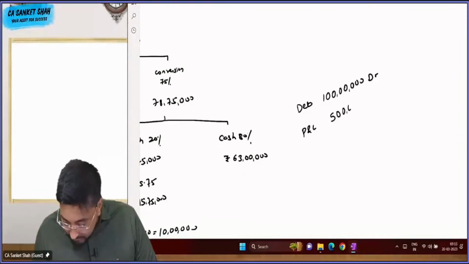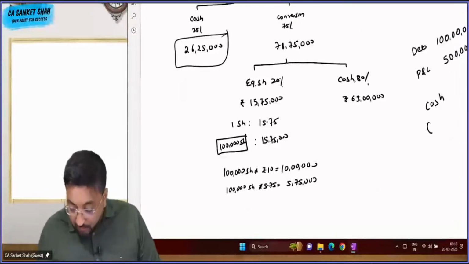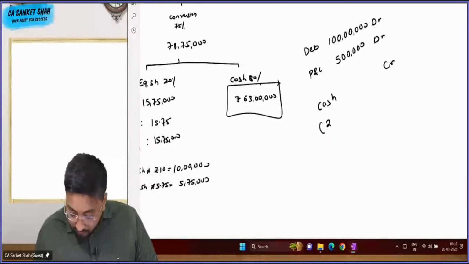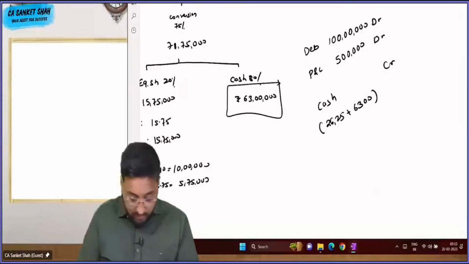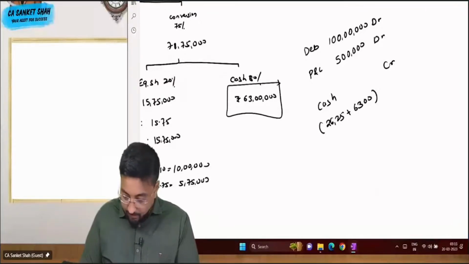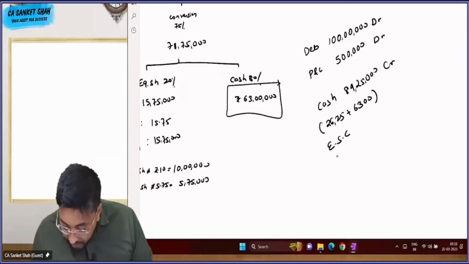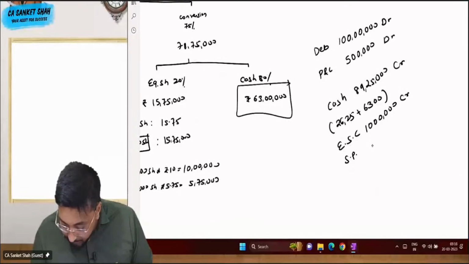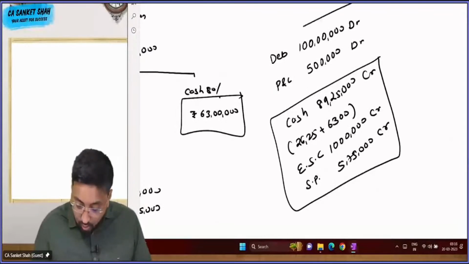Cash will be credited by 26,25,000 plus 63 lakhs, that is 89,25,000. Equity share capital 10 lakhs credit, and security premium also has a credit balance. See, this total is matching with 1 crore 5 lakhs.